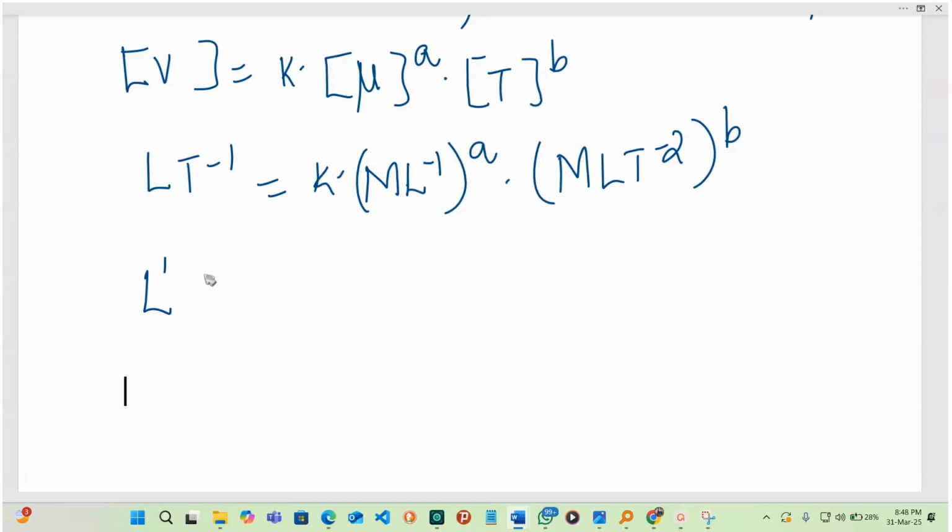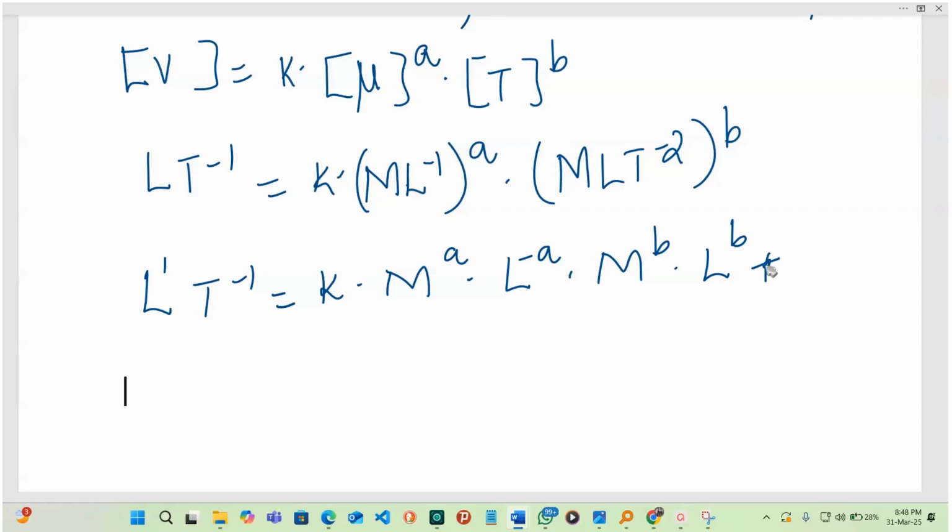Then I open the brackets. I'll have L to the power 1 and T to the power negative 1 equivalent to K times M to the power A times L to the power negative A times M to the power B times L to the power B times T to the power negative 2B. Now I write the terms together.